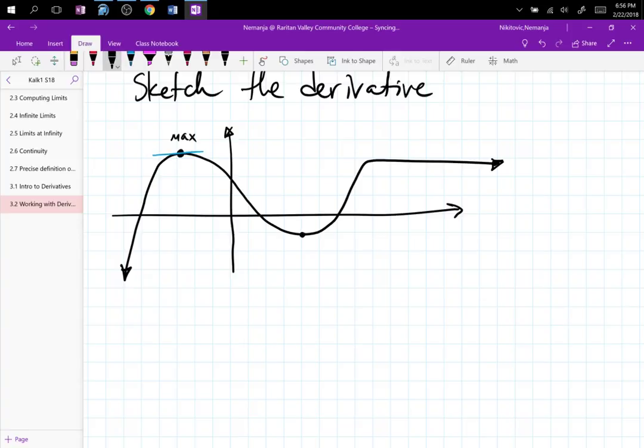And at the minimum point over here, you also have a horizontal line whose slope is 0. Slope being 0 means that your derivative is crossing the x-axis. That's the slope being 0.